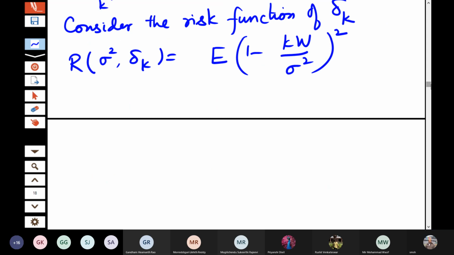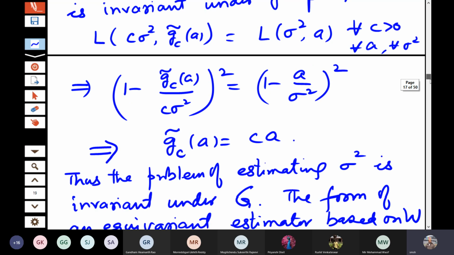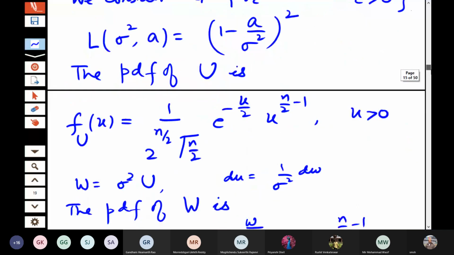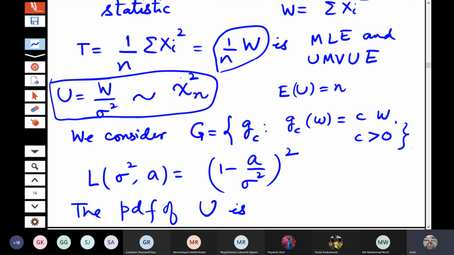Okay. So that is equal to 1 plus K square expectation of W square by sigma to the power 4 minus 2K by sigma square expectation of W. Actually, we can write all these values because W by sigma square is a chi square n.